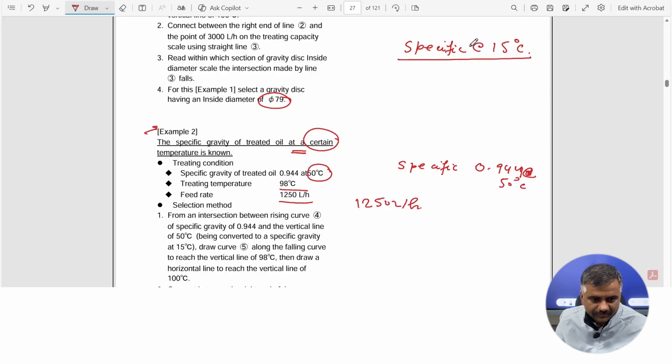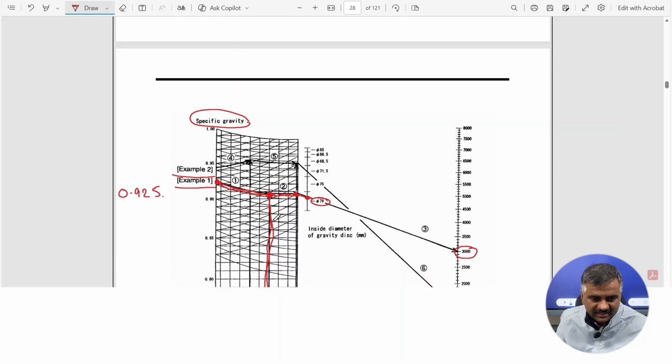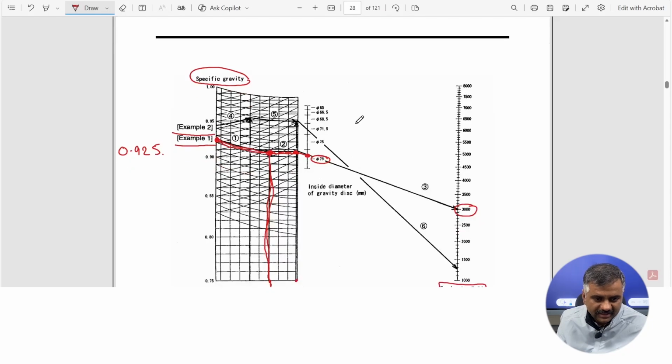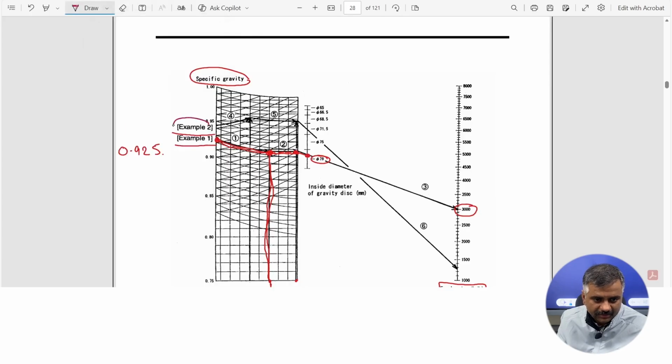That is what we have decided. Okay, now we can see in this diagram example number 2. Let me take another pen for this explanation. In example 2 we see that 0.944 is somewhere here. We are following an upward rising curve.